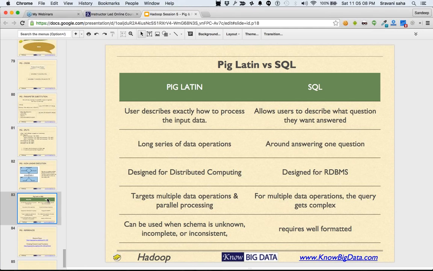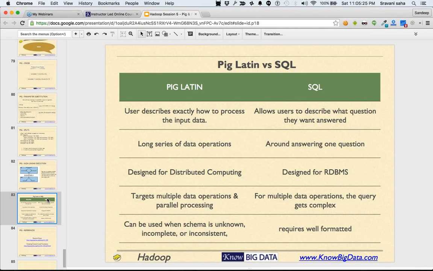It's a long series of data operations in Pig Latin, while SQL is all about answering a single question. Pig Latin has been designed bottom up for distributed computing, as well as to handle unstructured and semi-structured data, while SQL is designed for RDBMS.